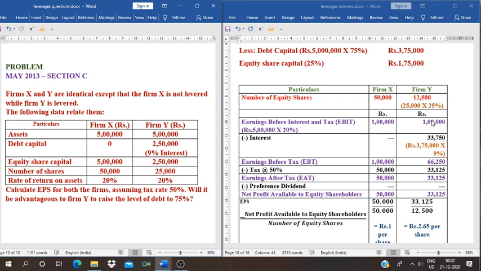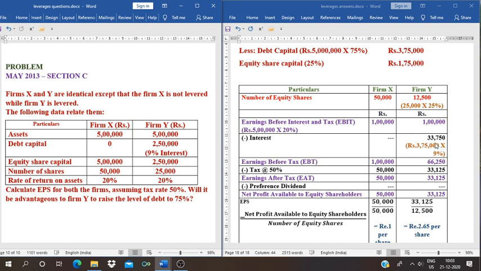It will be same for X and Y. Then less interest. For firm X, it is not levered. It has not issued any debentures. But for Y, the debt capital here we have calculated 5 lakh into 75% is 3 lakh 75,000. Okay. 3 lakh 75,000 into rate of interest will be same, that is 9%.